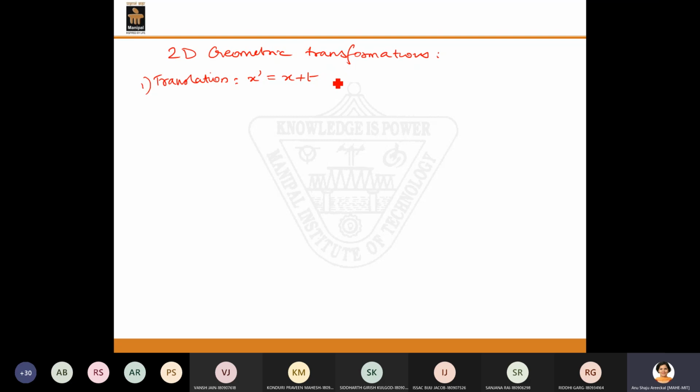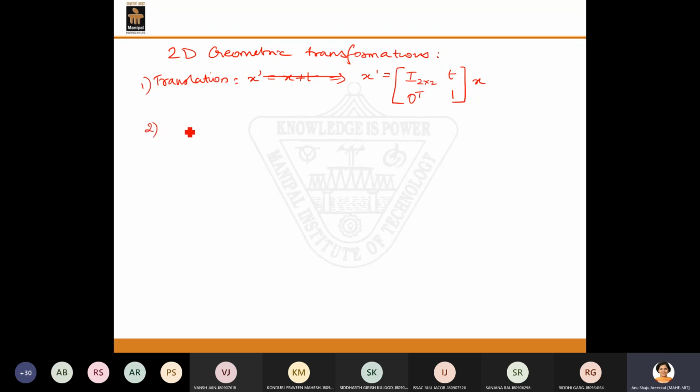Or if I'm writing this in matrix form, I can also write x dash is equal to the identity matrix, which is a 2 cross 2 matrix, then T, basically Tx and Ty, a 2 cross 1 matrix over here, then a 0 transpose and 1, and X. So this is my transformation matrix for a translation operation, okay. And the unknowns that I have are Tx and Ty, so the degree of freedom here is 2. And we see that translation always preserves the whole shape of the object, okay.